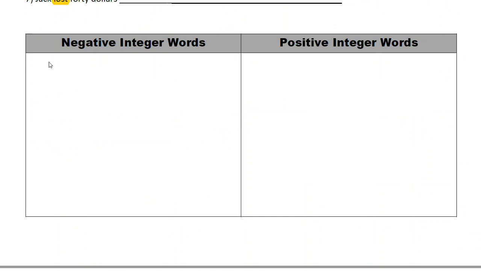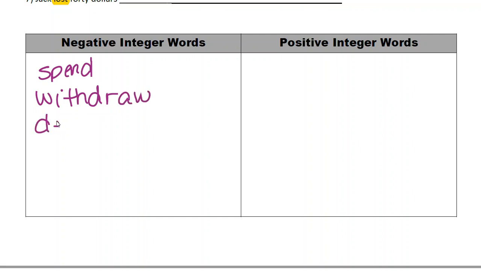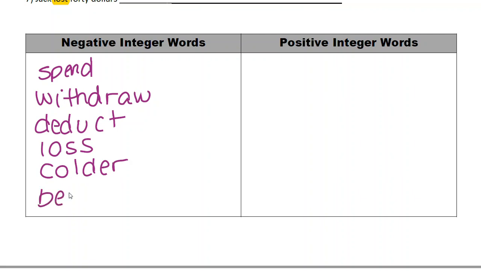So let's talk about some other keywords that you could look for to know if integers are positive or negative. And you can add to this list. This list is infinite. This is by no means the end all be all of the list for the integer keywords. So some negative words could be spend, withdraw, deduct, loss, colder, beneath, or below.